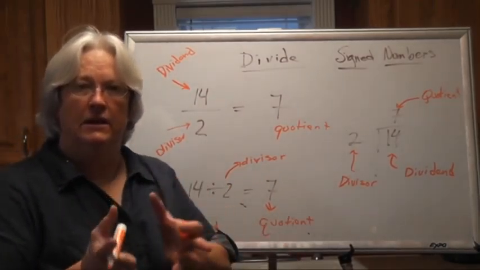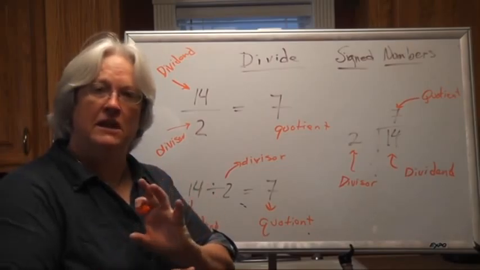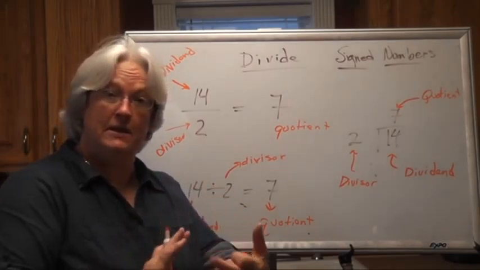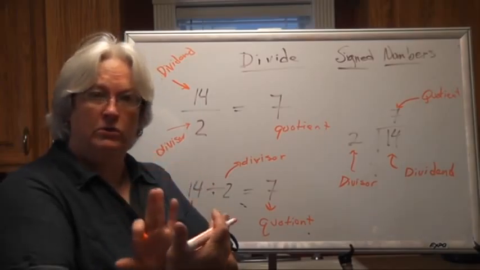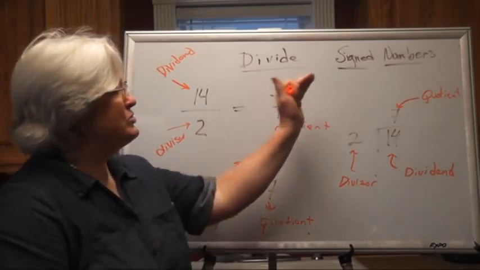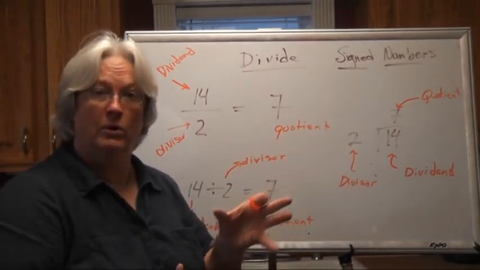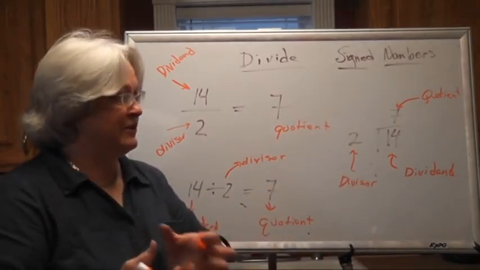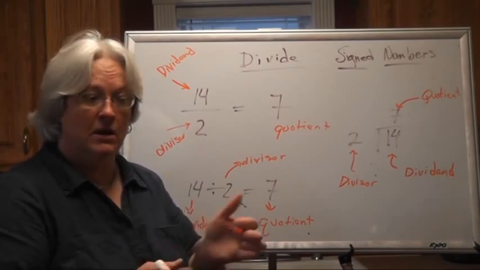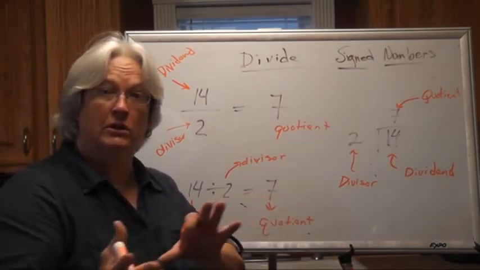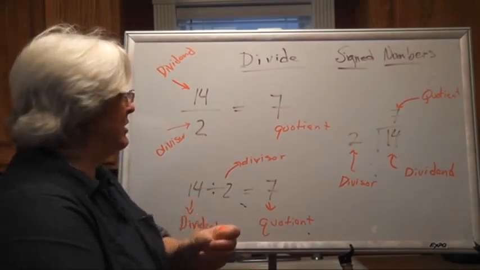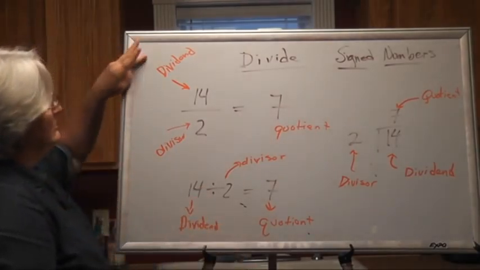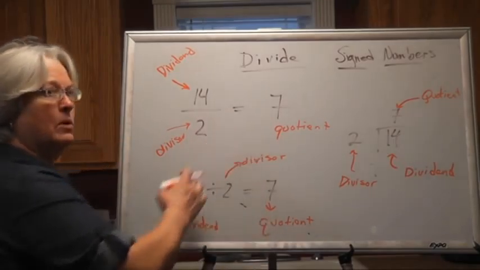And what we're going to see is that the same rules, or the same pattern that we had when we were multiplying two factors together, holds true for when we're dividing positive and negative numbers. And that's because division and multiplication are inverse operations. In other words, they sort of undo each other. Dividend, divisor, quotient.